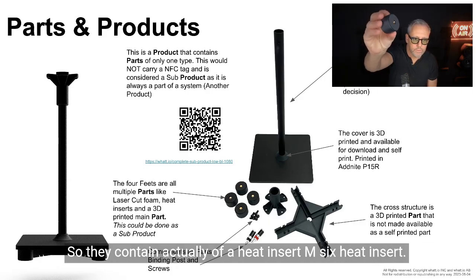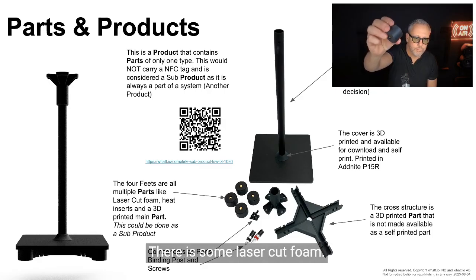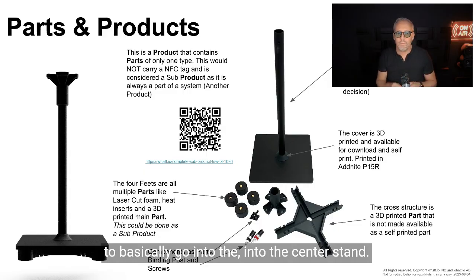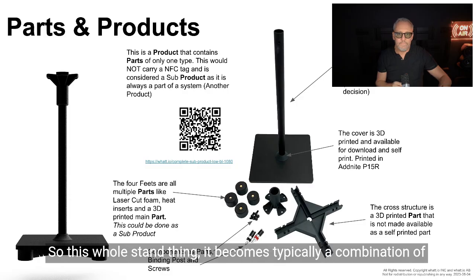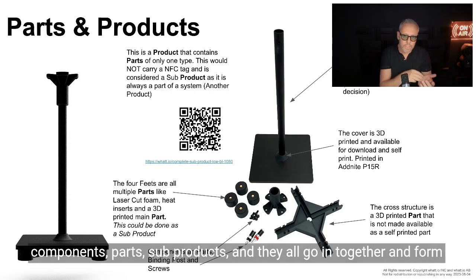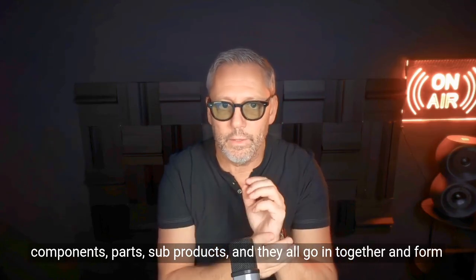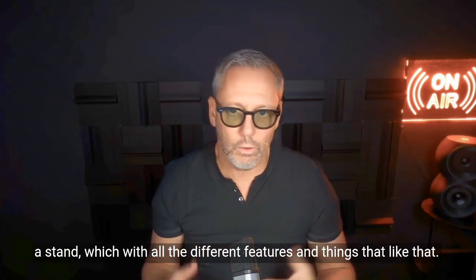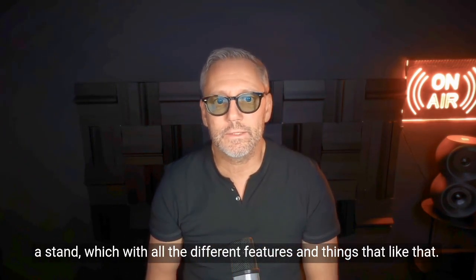They contain a heat insert, M6 heat insert, some laser cut foam, and a 3D printed foot, of which you need 4 to go into the center stand. So this whole stand typically becomes a combination of components, parts and sub-products, and they all go in together and form a stand with all the different features.